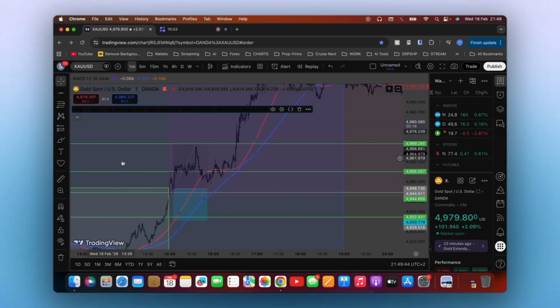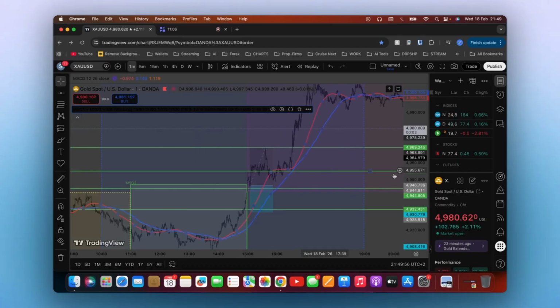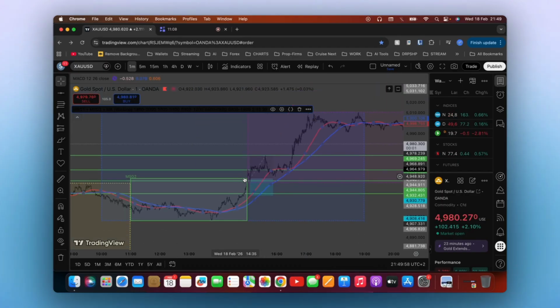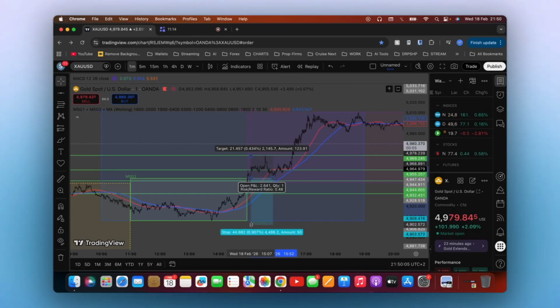So yeah, this will be the first video of the MSG. We're getting some nice intel on how to enter. I know that the other guy hasn't even gone over how to enter from the MSG block. He kind of just has his entry right at the MSG, because sometimes it does actually just bounce off there. And the stop loss here, that is a massive stop loss.